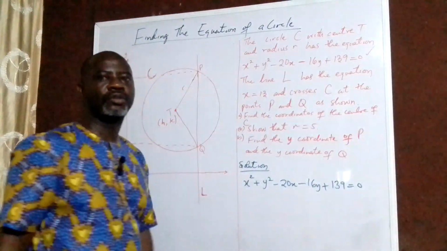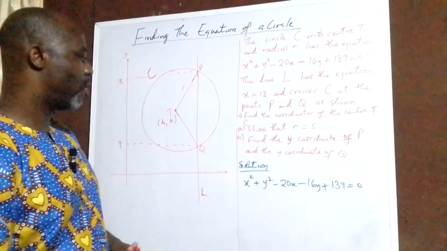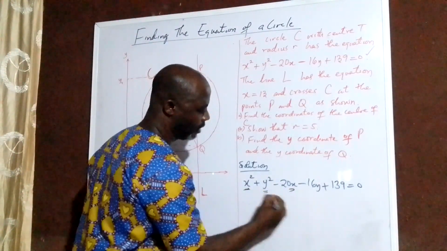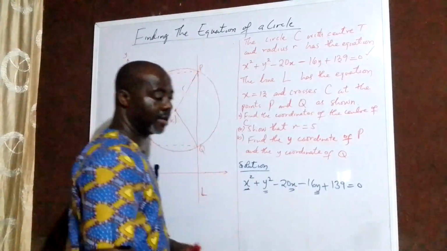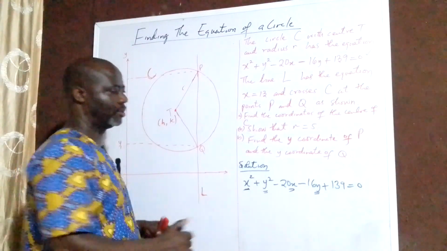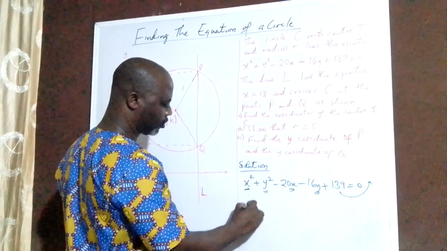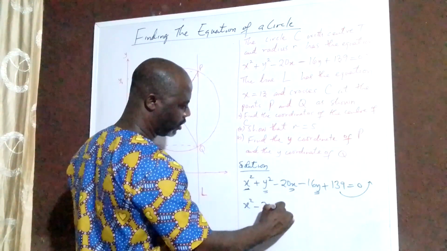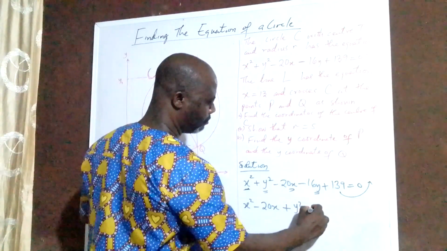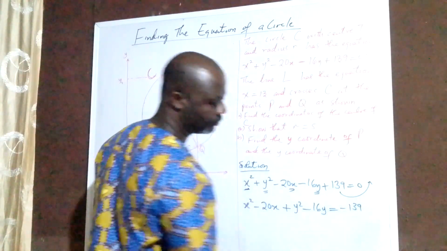Now, we are going to use the completing the square method. So what I'm going to do is to isolate the terms in x, the terms in y, and then the constant term. So I'm going to move this constant term to the right hand side. So this will move this way, and then I will bring together x squared minus 20x plus y squared minus 16y equal to minus 139.